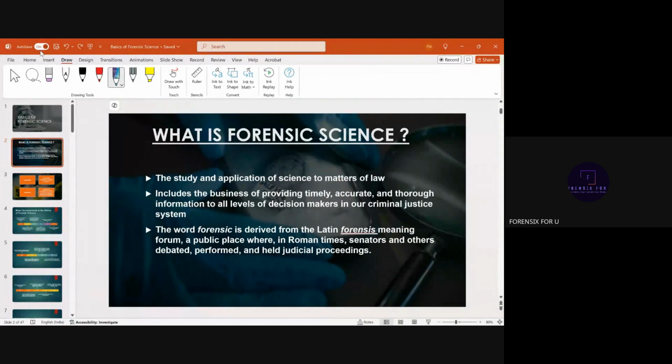So, the forensic science is basically aimed at providing timely, accurate, and thorough information to all these levels of the criminal justice system. The forensic science provides evidences for the police to collect. They provide the relevant aspects of any crime scene, the indications to the police to identify and track the criminals.